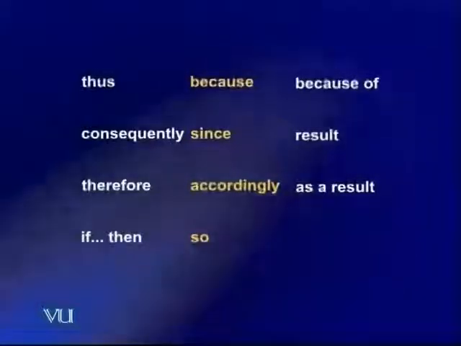If it gets too humid, then our wooden doors swell up and become hard to operate. The words "if" and "then" tell you that there is a cause and there is an effect.